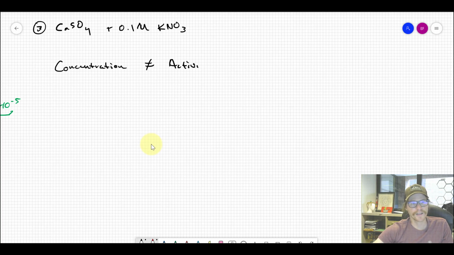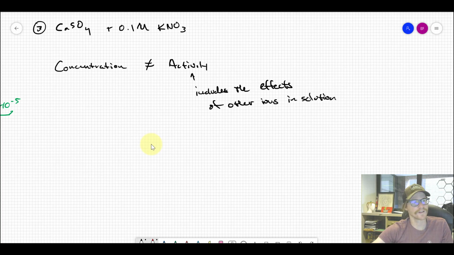Activity explicitly includes the effects of other ions in solution that are not the ion specifically participating in equilibrium. So other things present. Whereas concentration, as you know, when we think about the concentration of an ion, we don't consider anything but literally the number of moles of that thing per liter of solution volume. That's what concentration is to us.